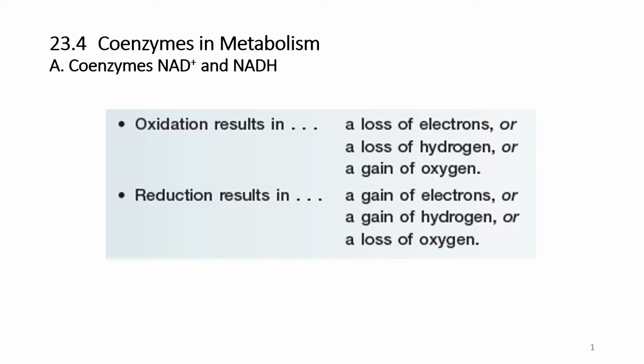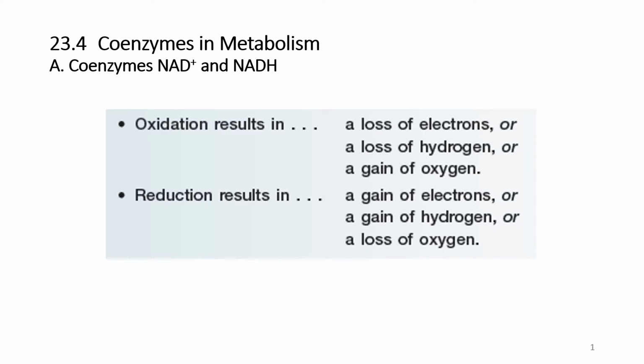Oxidation, the inorganic definition, is a loss of electrons. For reduction, the inorganic definition is the gain of electrons. And we have looked at this early on in the semester.